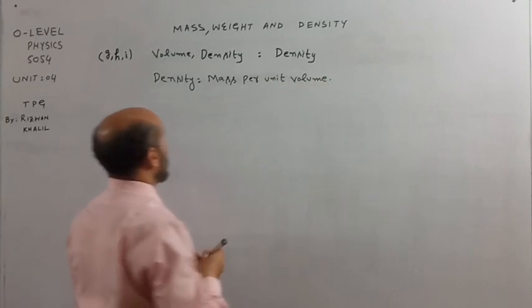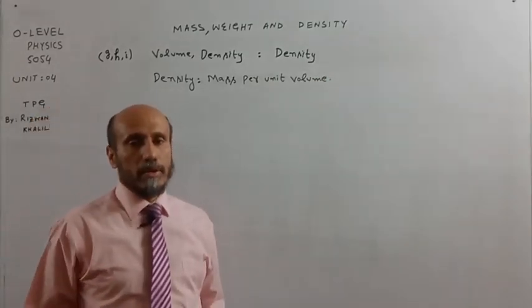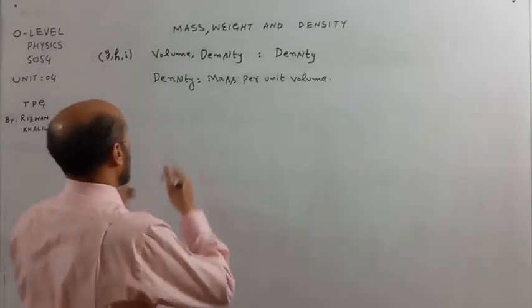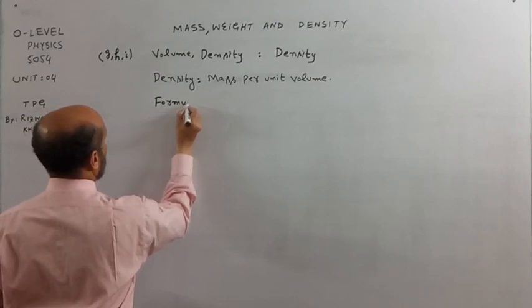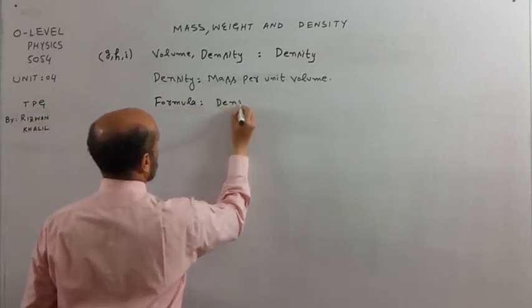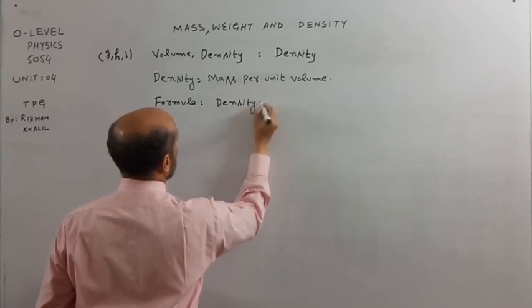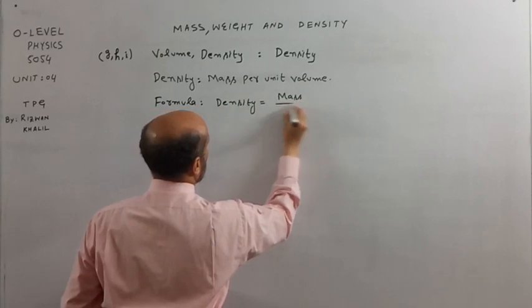So what is the definition of density? Mass per unit volume. Now I will write its formula. So the formula of density is mass over volume.